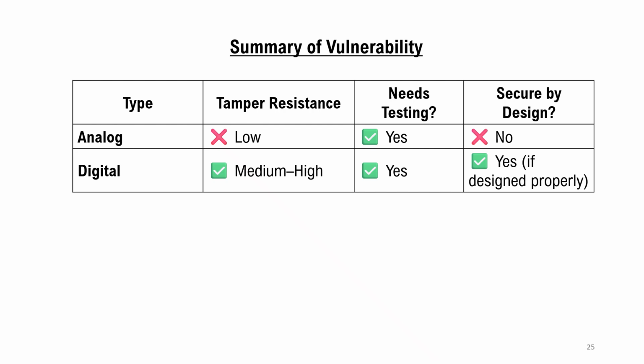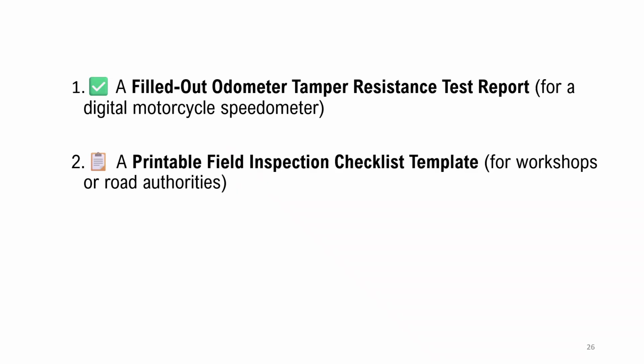Secure by design: yes, if it is designed properly. Now we come to a filled-out odometer tamper resistance test report for a digital motorcycle speedometer, and a printable field inspection checklist template for workshops or road authorities.